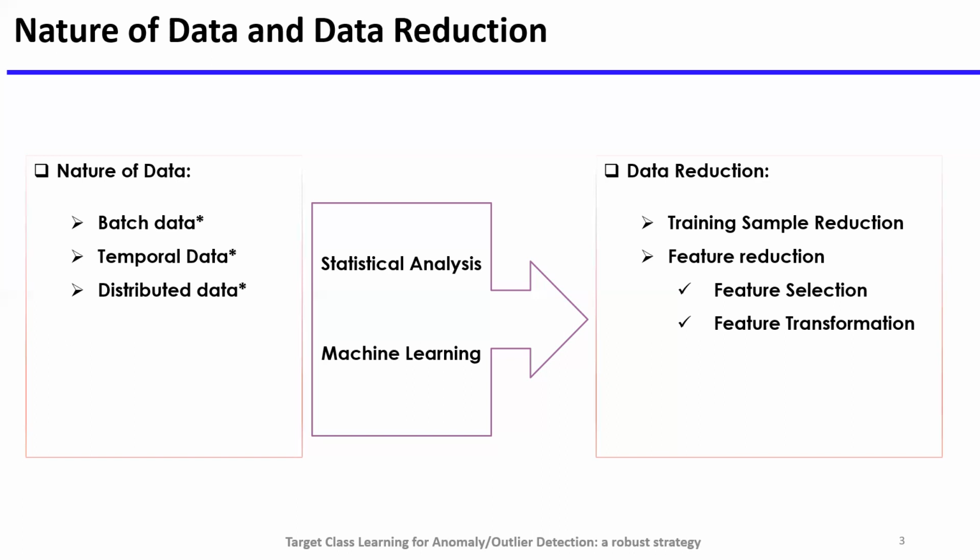And feature transformation is going to project the original samples to some other latent space so that the target class samples become closer and drawing the boundary becomes easier. So at a later stage, if any incoming sample must be tested, it can be easily identified whether it is an anomaly or belongs to the target class itself.